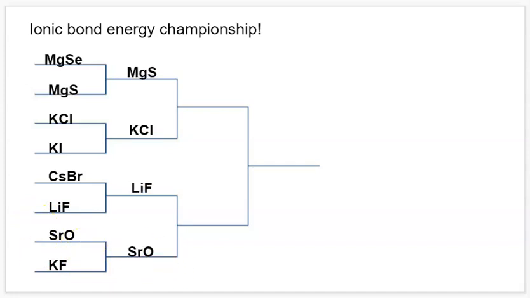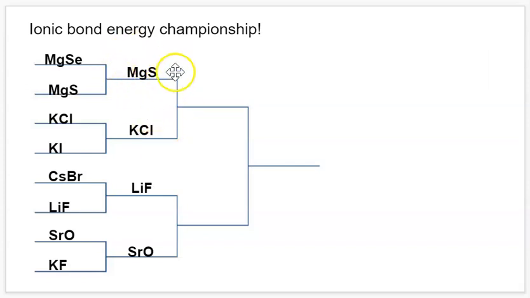All right, so now we have magnesium sulfide versus potassium chloride. Magnesium and sulfur are 2+ and 2-, potassium chloride is +1, -1. In this case, since they're similar sizes, we're going to have to defer to the charge.